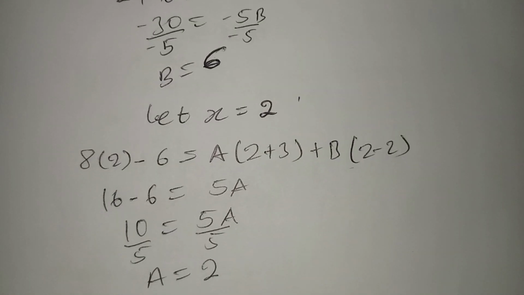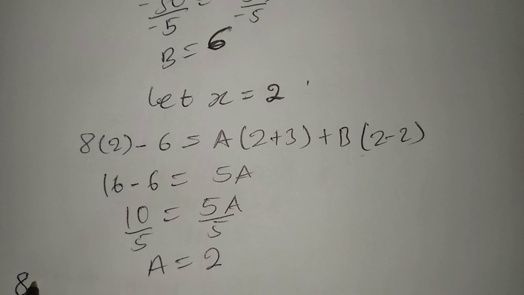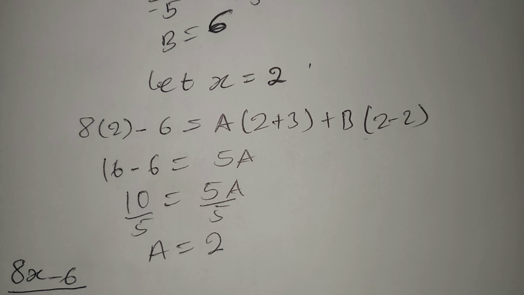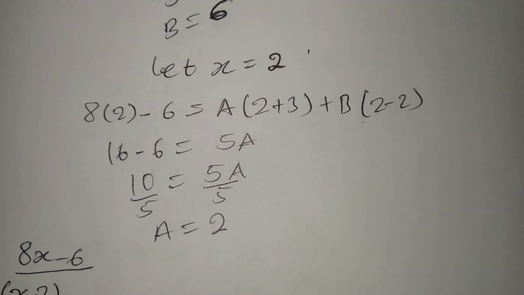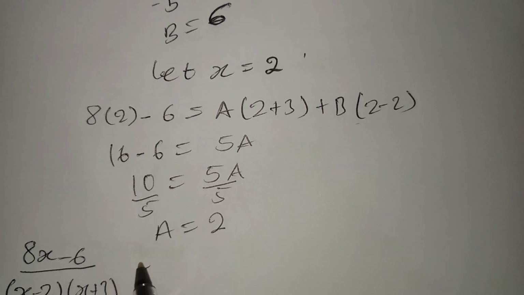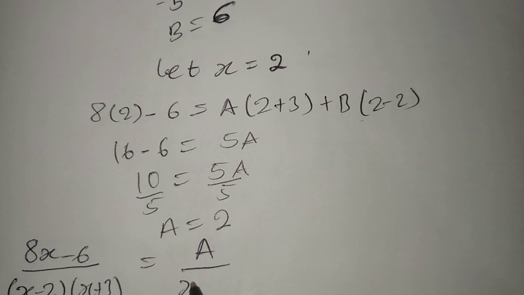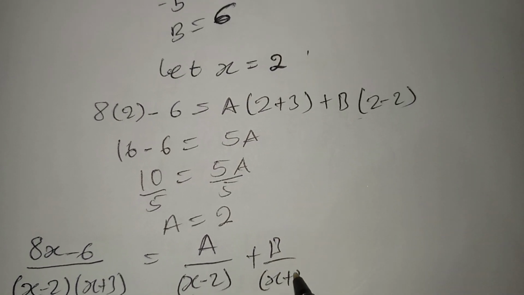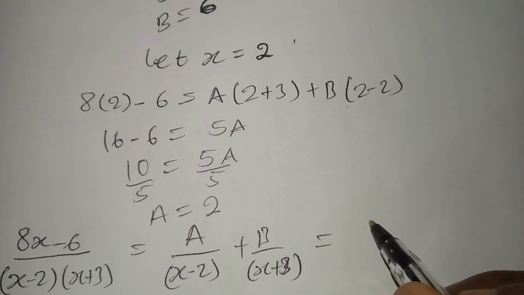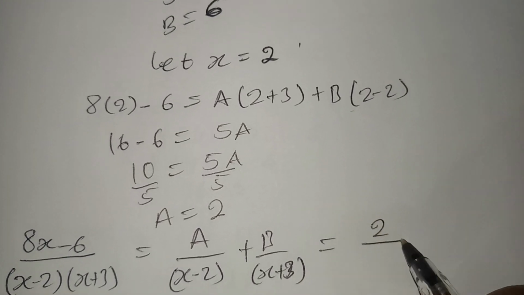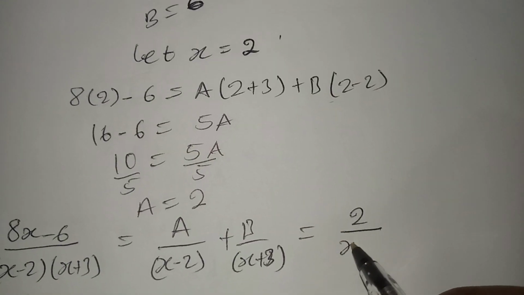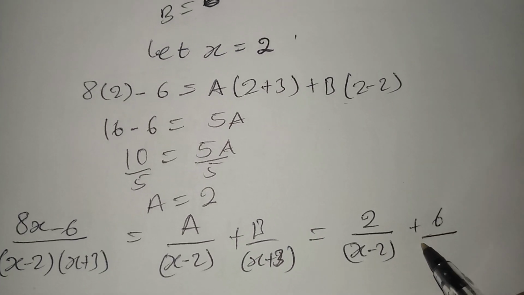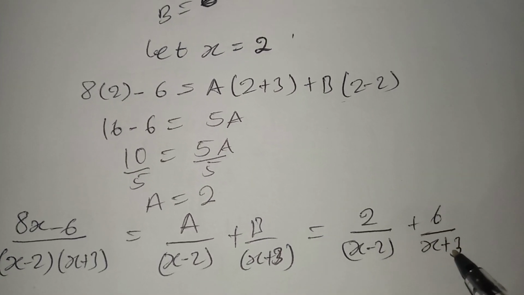So decomposing the partial fraction, this expression, 8x minus 6 all over x minus 2, then x plus 3, we have this as 2 over x minus 2, plus 6 over x plus 3.